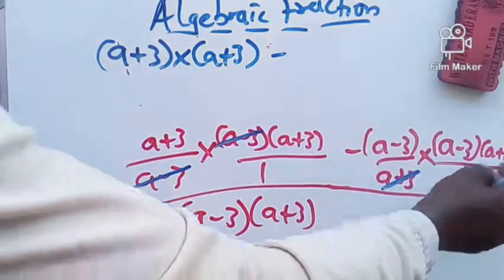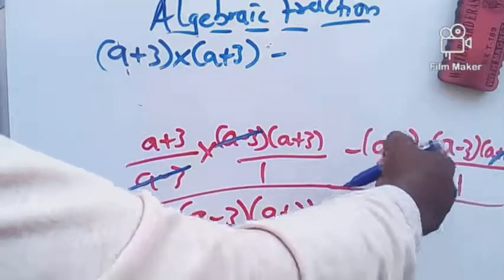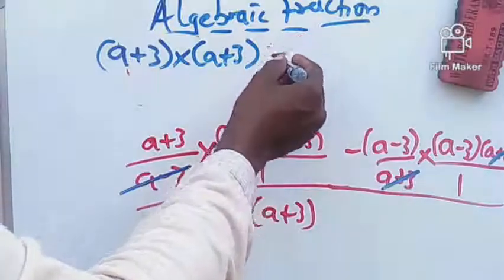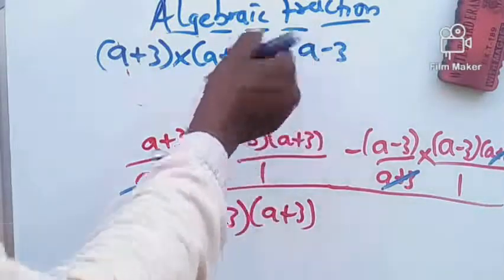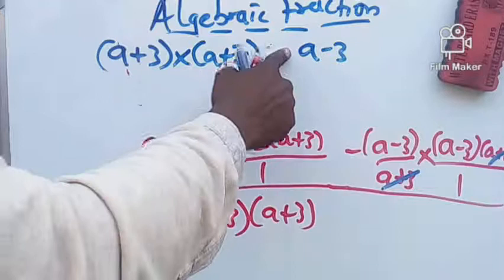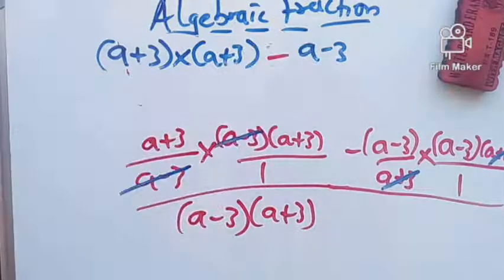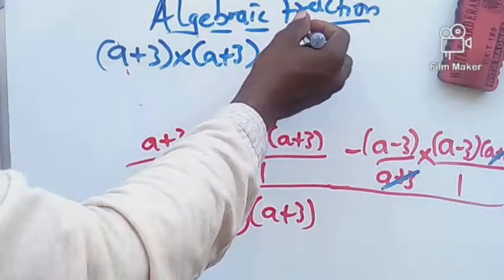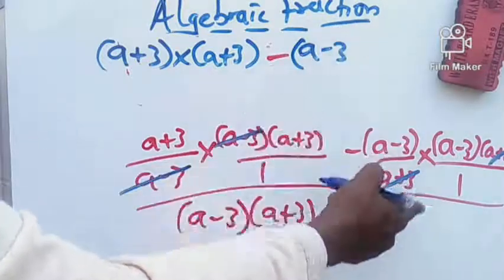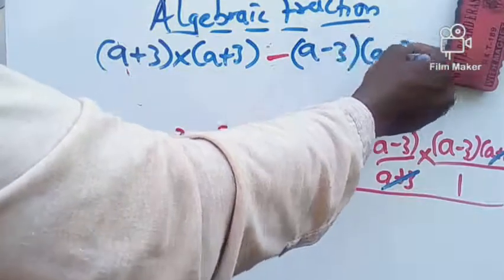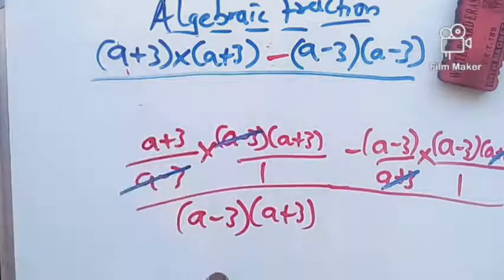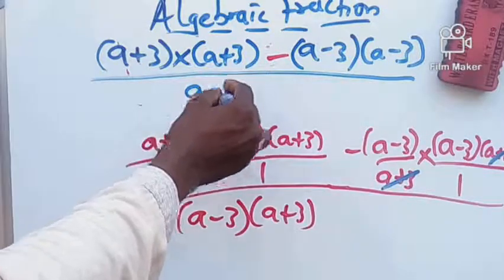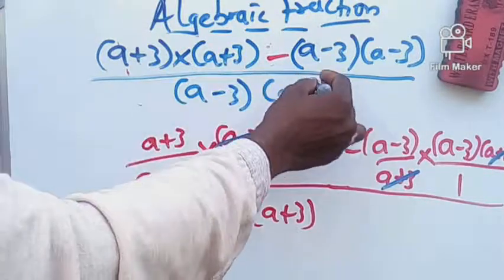Notice that a plus 3 can take care of a plus 3. You're left with a minus 3, a minus 3. So you have minus a minus 3, a minus 3. And everything is divided by a minus 3, a plus 3.